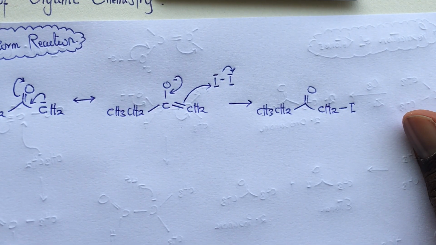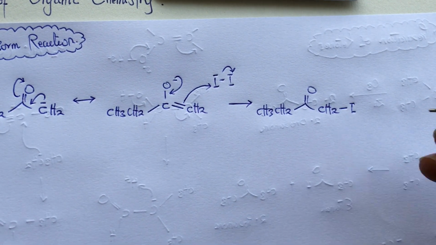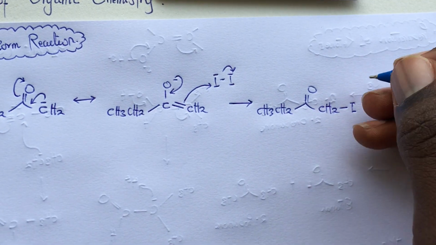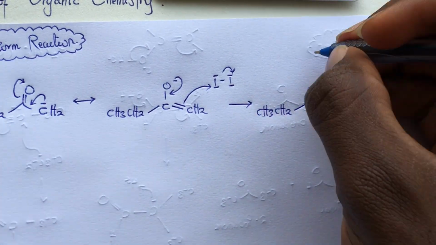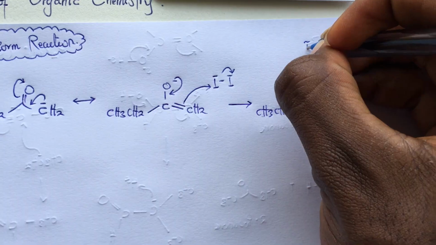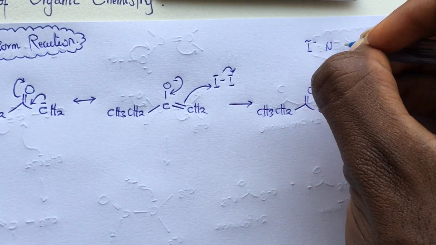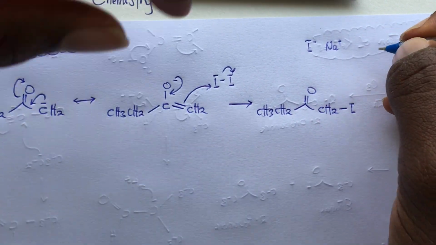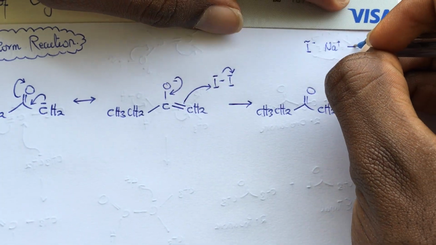Your sodium is also going to react with the I minus to give you sodium iodide, because we are generating I minus, and also we are having Na plus in the solution, so it's going to generate sodium iodide.